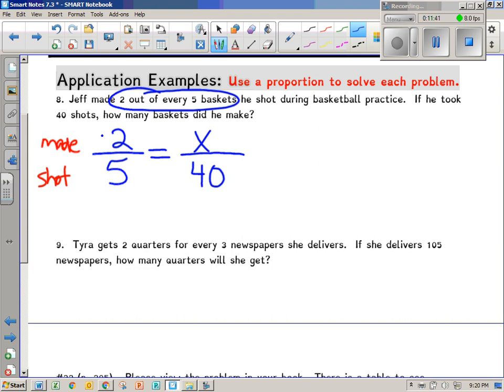Now, this is one that's pretty easy to solve, even without using a proportion. You can look at it right there and see, oh, well, 5 times 8 is 40, right? To get here, you multiply by 8. So that means to get here, you'd have to multiply by 8. It's perfectly fine to utilize that, but we're going to practice solving a proportion.